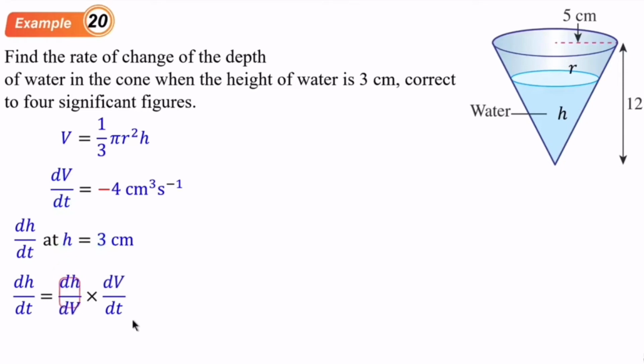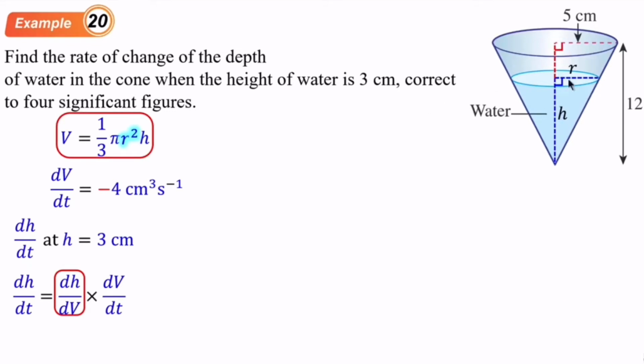So we have dh/dV multiplied by dV/dt. So it means that we have to find dh/dV. Now we go back to the volume formula.